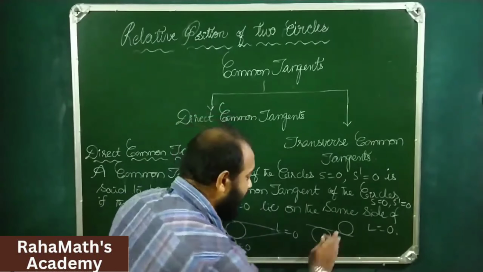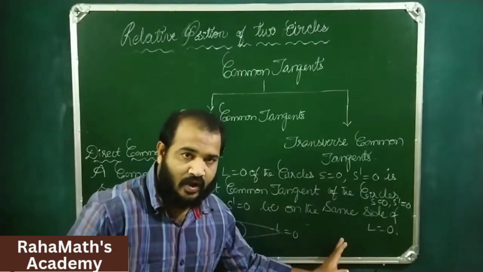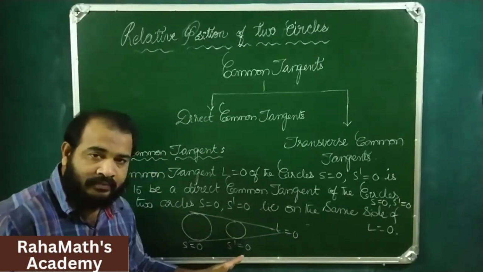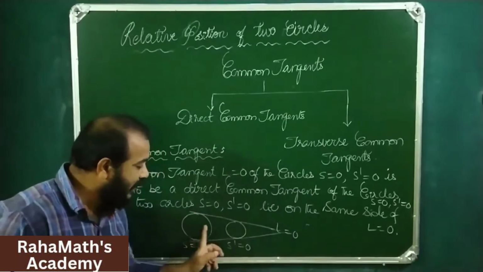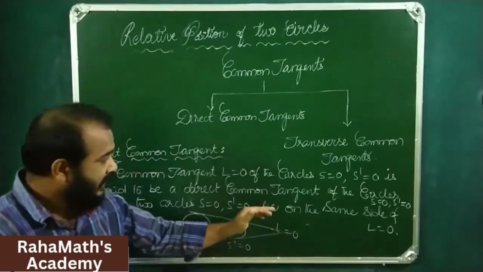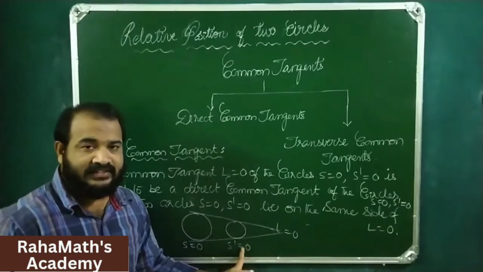But here it is not like this, on opposite sides. Both are lying on the same side. These two circles are lying on the same side of L = 0. Then these tangents are called direct common tangents.